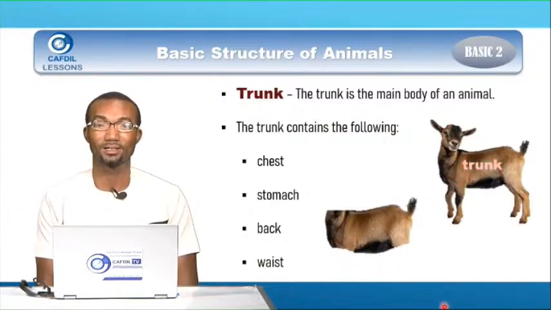So the trunk, which is the main body of an animal, contains the chest, the stomach, the back, and then the waist. So this is the function of the trunk. It contains all these: chest, stomach, back, and then waist.